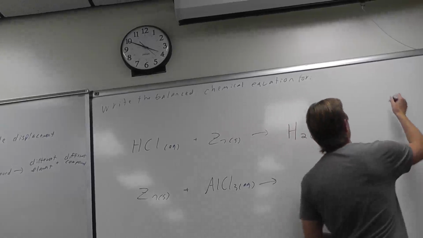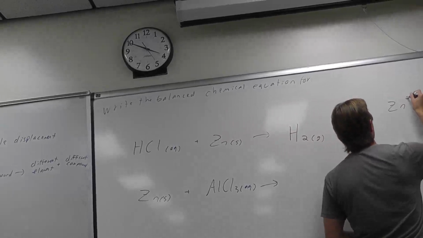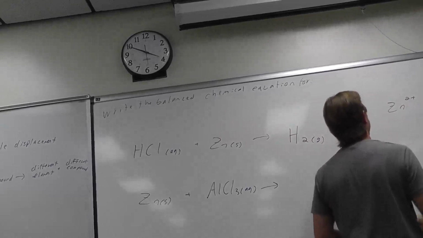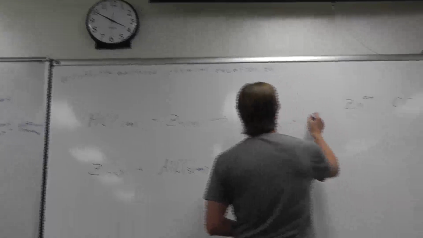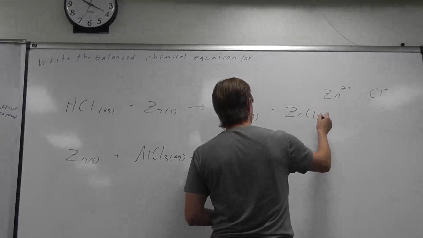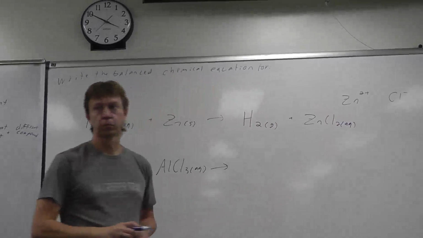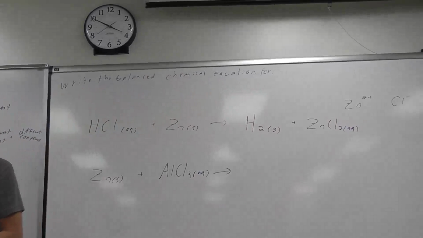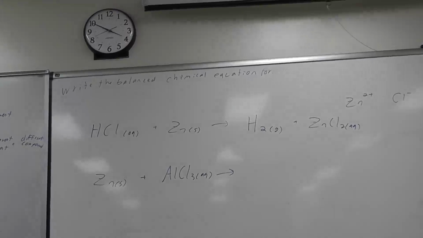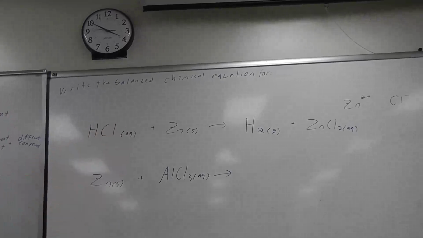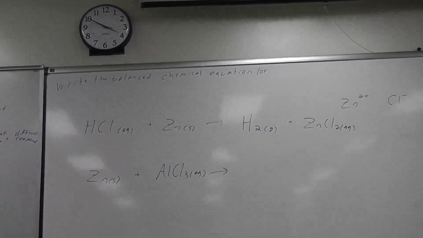And your product you build based on zinc being exclusively +2, chloride being exclusively -1, which means this for your formula, not ZnCl. Just because there was 1 chlorine in the compound doesn't mean your product will be. You piece that together based on charge.